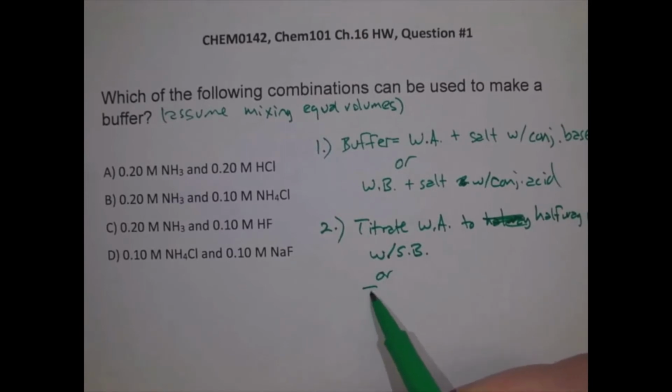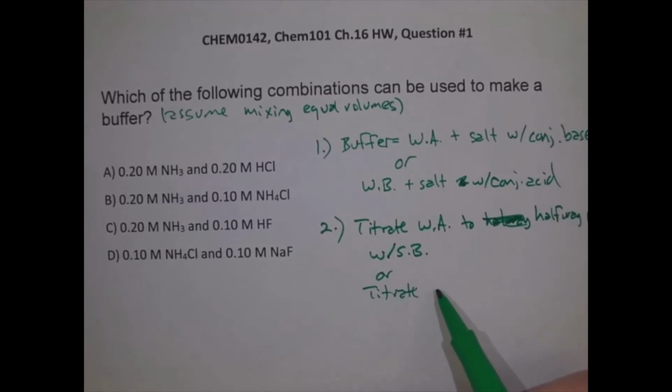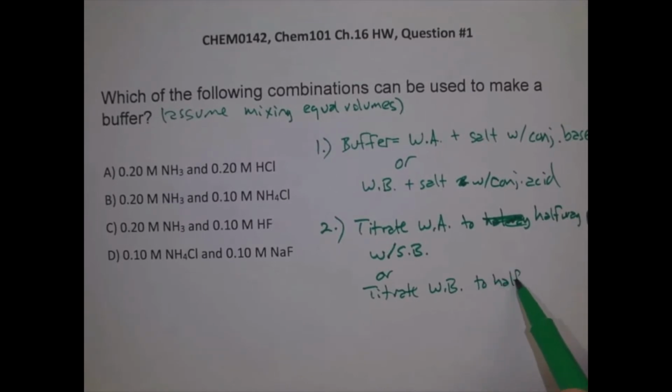Or we can titrate a weak base to the halfway point with a strong acid. In that case, we would titrate a weak base to get a mixture of the weak base and its conjugate acid. So either way, what you end up with is a mixture of a weak acid and its conjugate base, or a weak base and its conjugate acid.